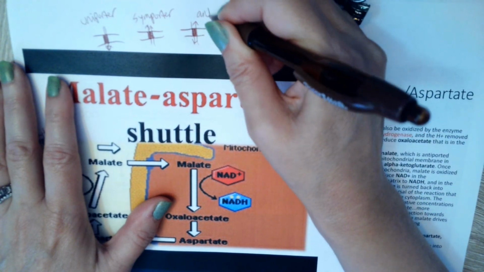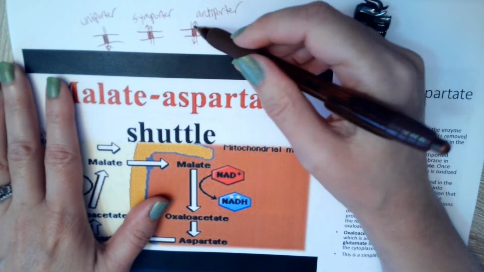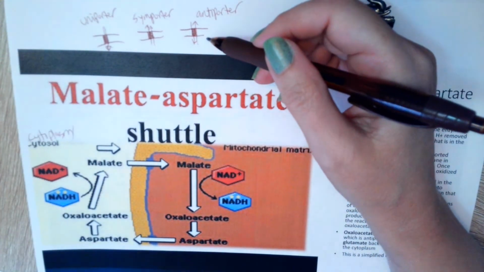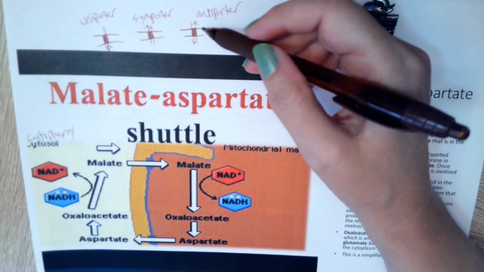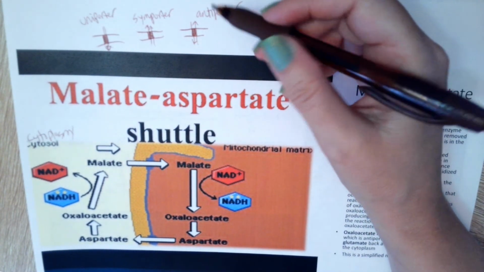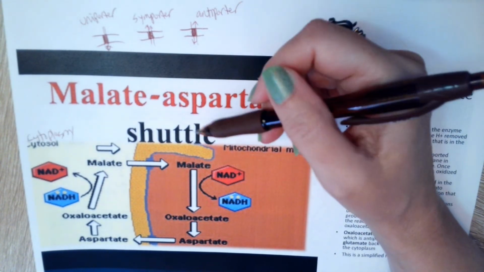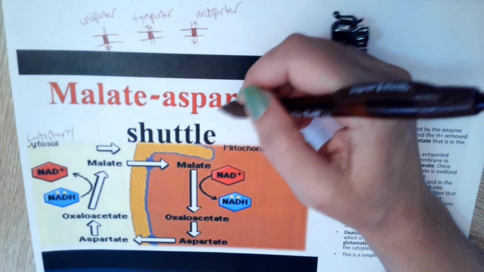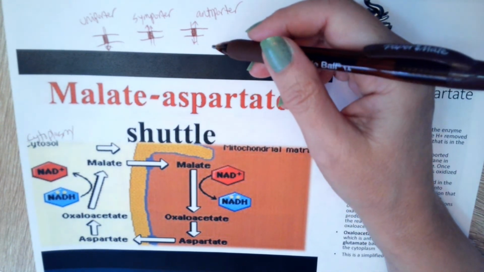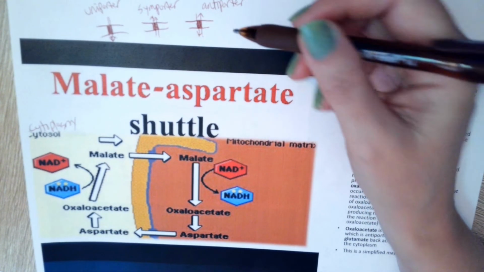This would be an antiporter. So you've seen an antiporter a zillion times by now, I'm sure, in the form of the sodium-potassium pump. Sodium moving one way, potassium moving another. And we're going to see some antiporters here in the malate aspartate shuttle, but on the mitochondrial membrane instead of on the cell membrane like the sodium-potassium pump.